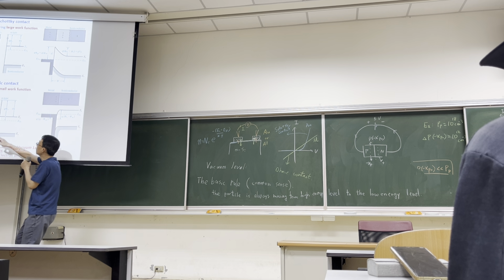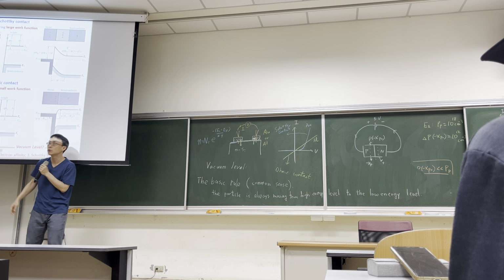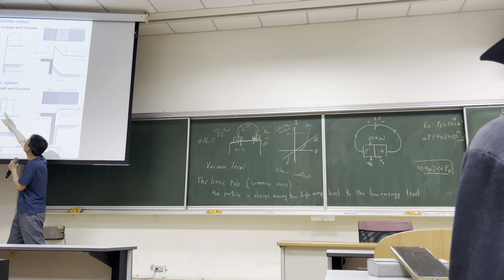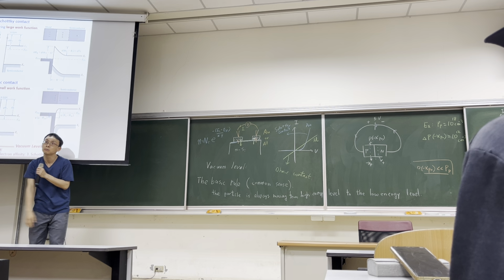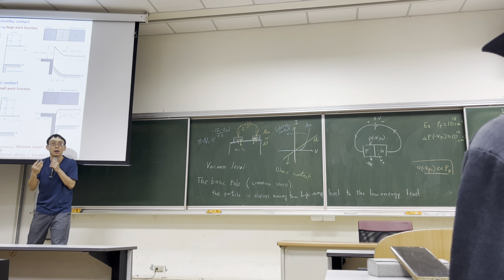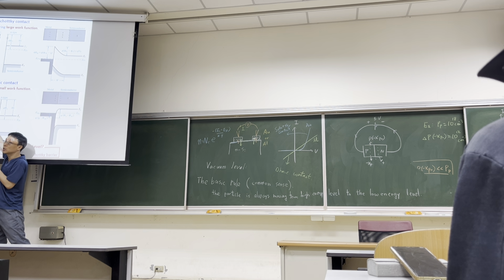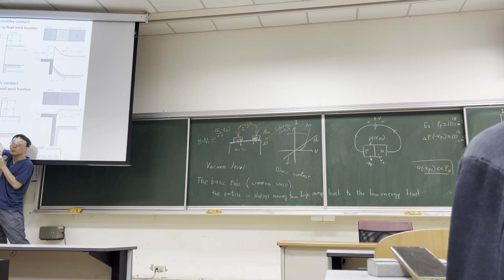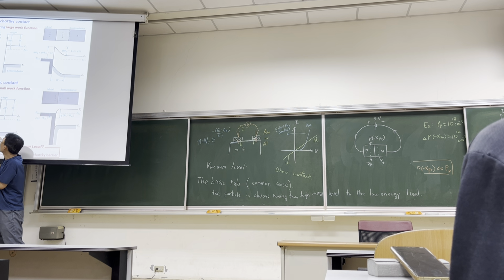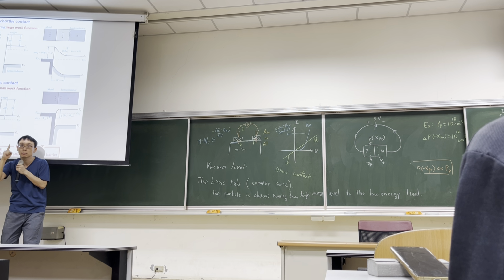One is metal high, one is metal low. Okay? High means higher than the semiconductor, low means lower than the semiconductor. But for example, in this situation, you are making the electron move from the metal to the semiconductor because the Fermi level is higher than this side, right? So when you see the electron coming from here to here, this electron concentration will go up.